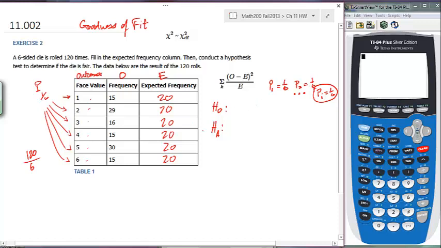But I think they want us to write it in words, and writing this in words would make a little more sense to us. So the null hypothesis in this case is that the roll of the die fits the expected probability.